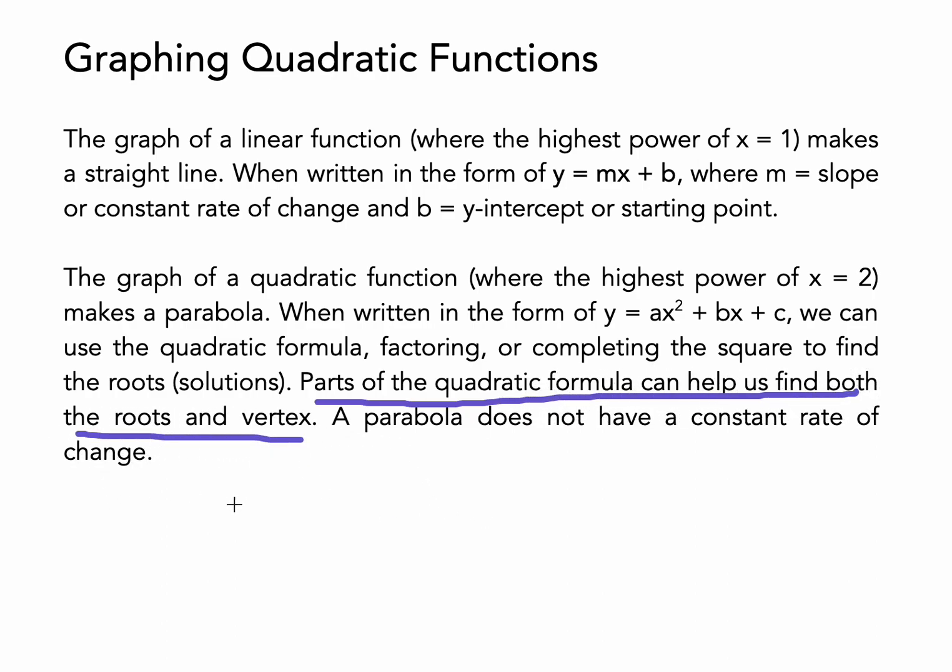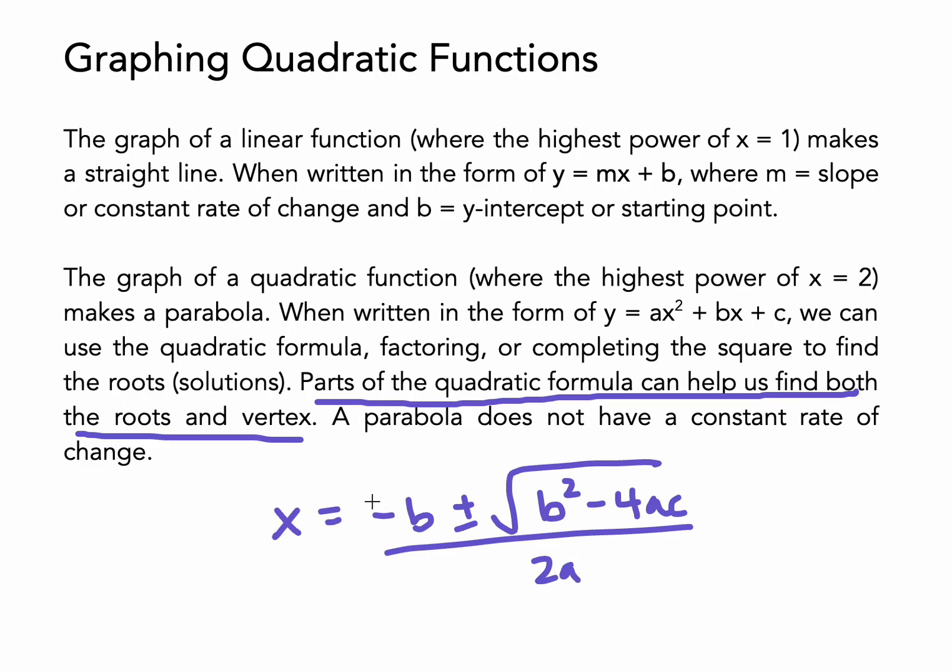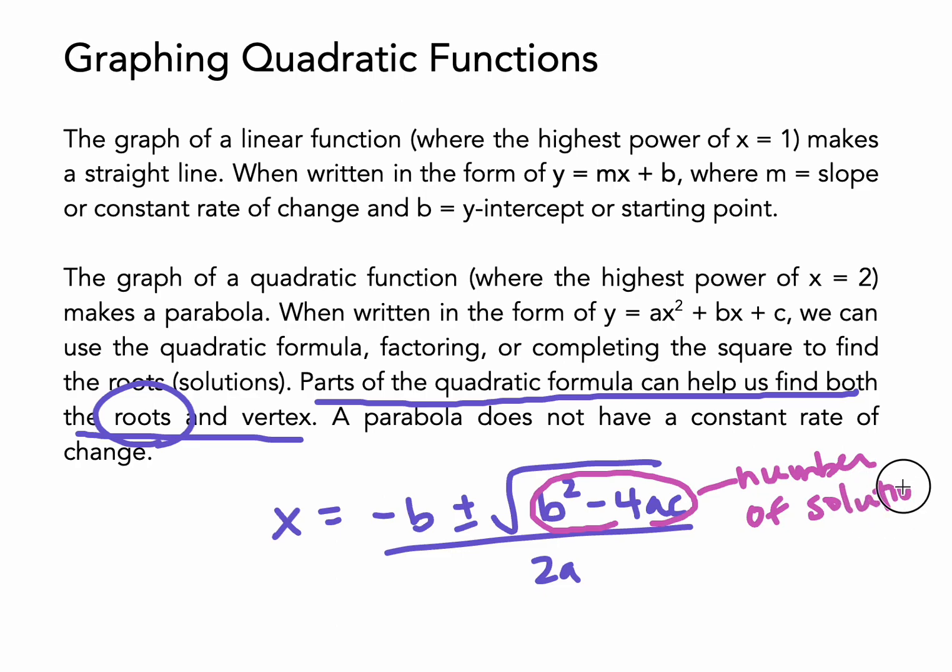So let's talk about how parts of the quadratic formula can help us find both the roots and the vertex. As we know, the quadratic formula is x equals negative b plus or minus square root b squared minus 4ac all over 2a. By putting in the a, b, and c values, you can figure out the roots. And you all know now that to figure out the number of solutions, you can solve for the discriminant, whether it's a positive, negative, or zero value.